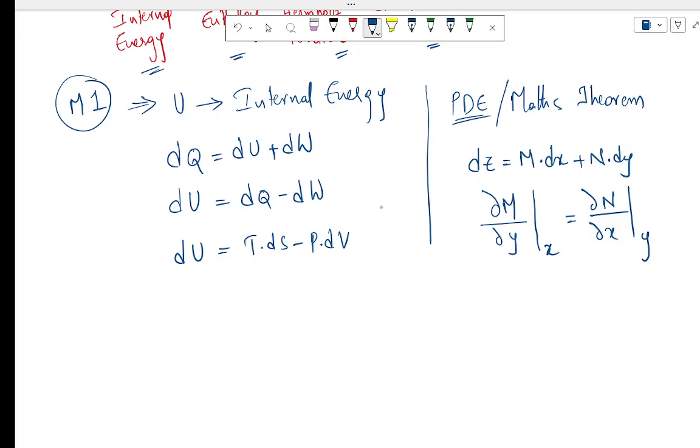So this is what the partial differential equation principle or the mathematics theorem says to us.